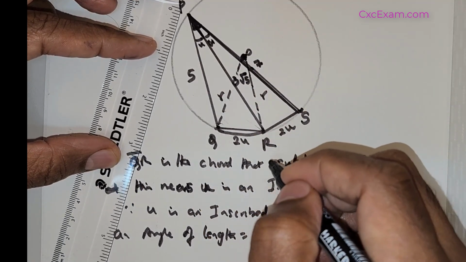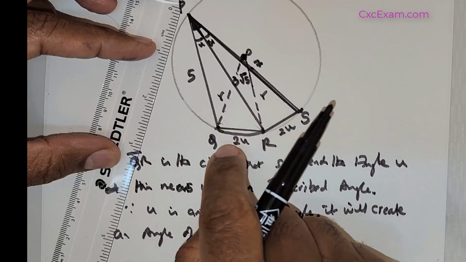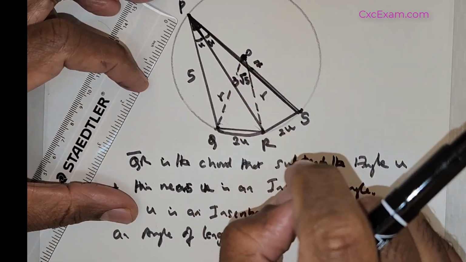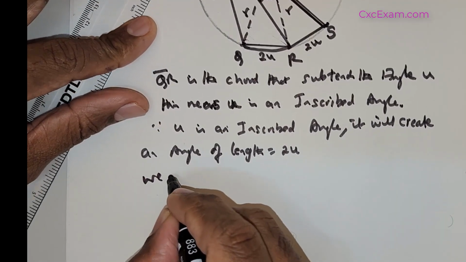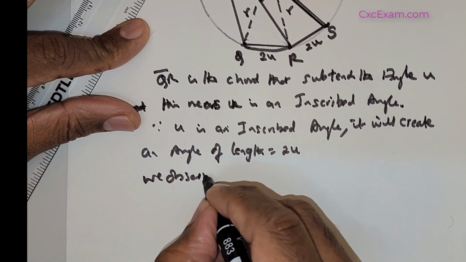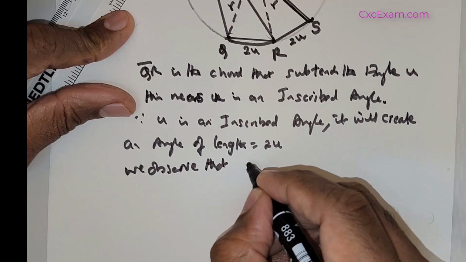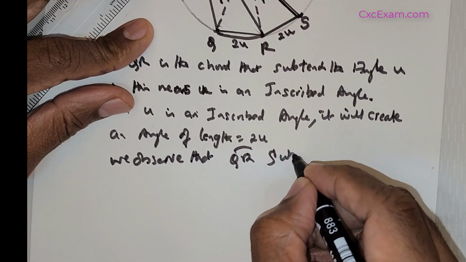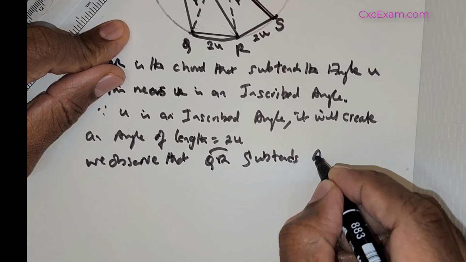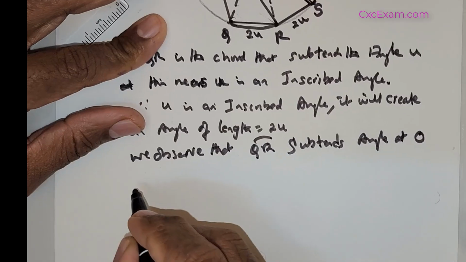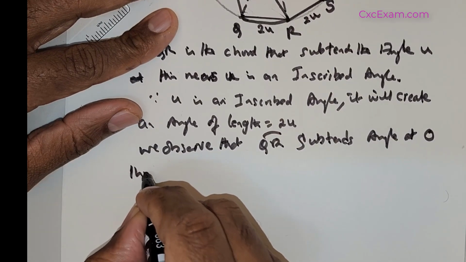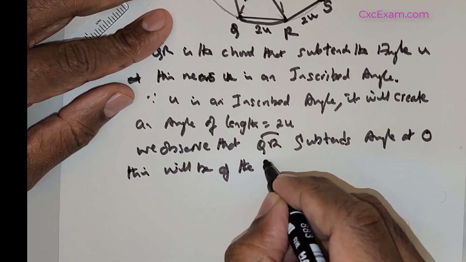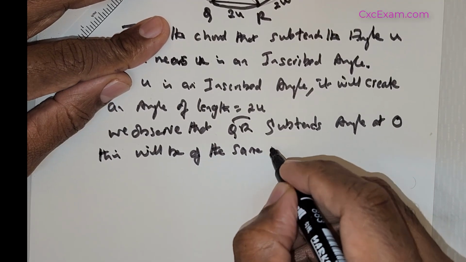Now this is the arc QR that is creating a central angle at O. We observe that arc QR subtends an angle at O of the same magnitude.